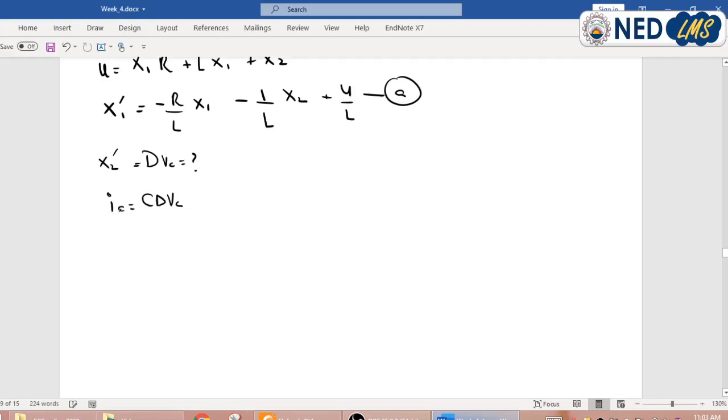Here in this question we have a series circuit, so IC is equal to I or IL, so I can write IC is equal to IL.